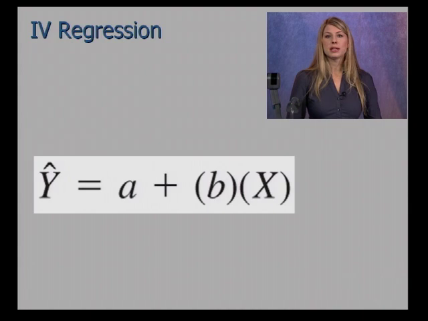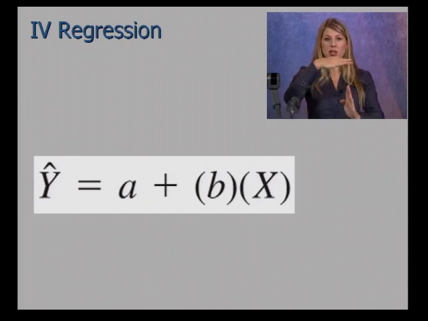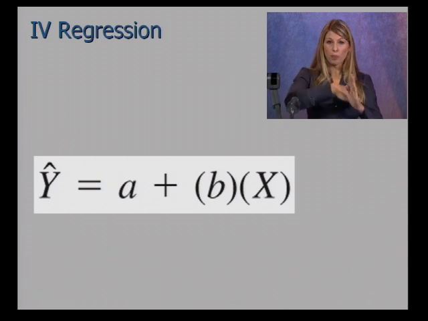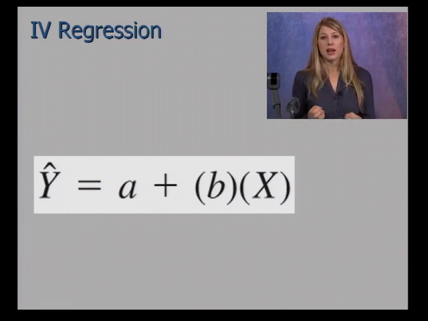And so here is the formula that we use for our regression equation. Y hat, the predicted y value, is a plus b of x. And a is our constant, so that's where the line crosses the y-axis. Wherever it crosses the y-axis, if it's at 0, it's 0. If it's above 0, then it's whatever value. Where the line of best fit crosses the axis is a, and then plus b of x.